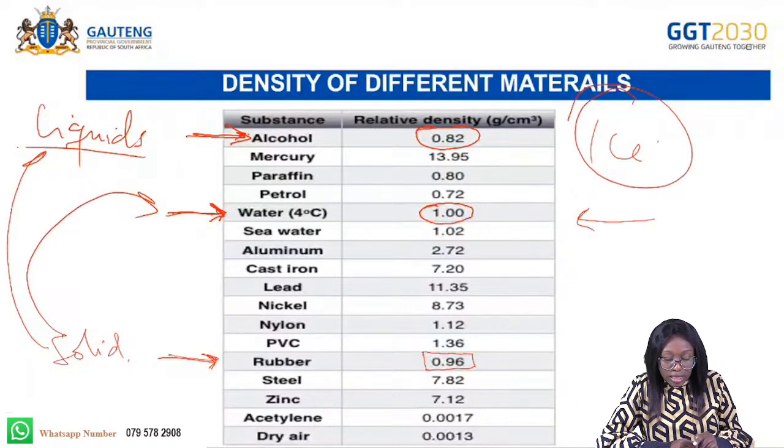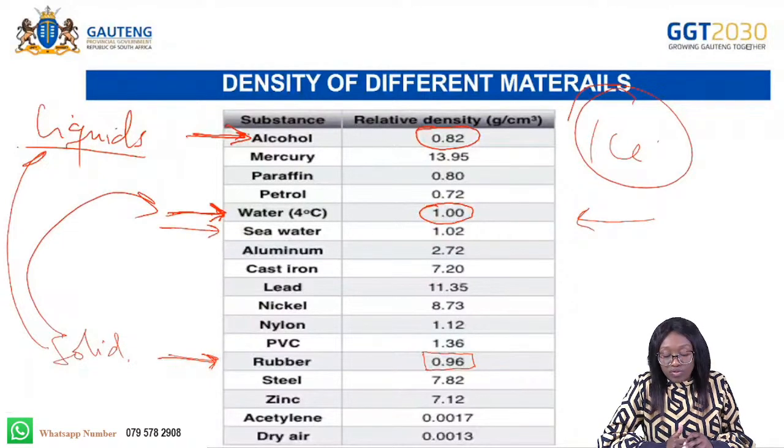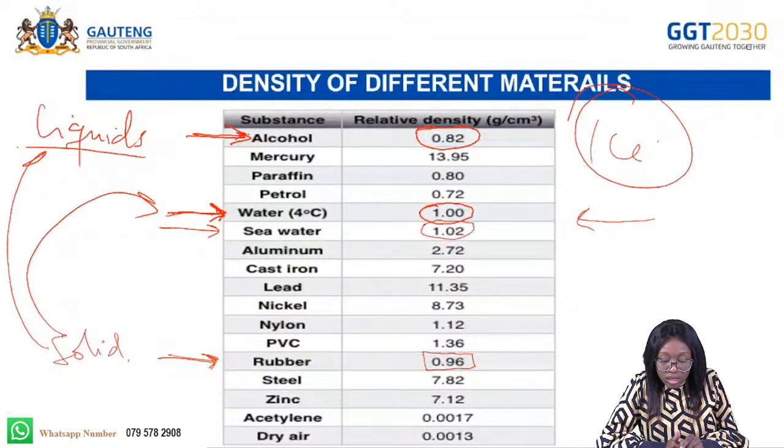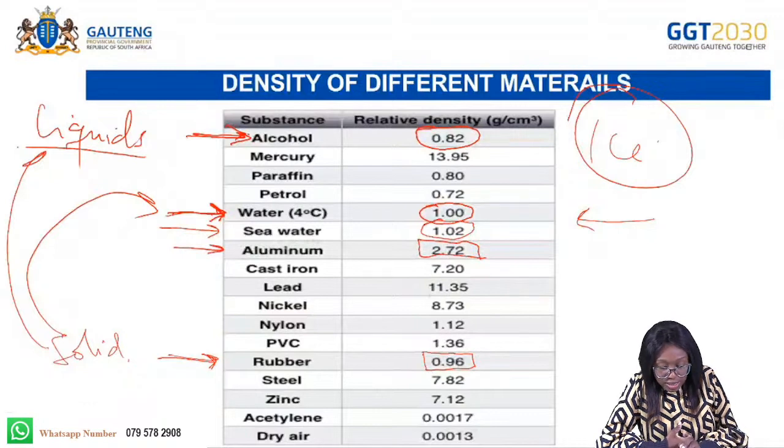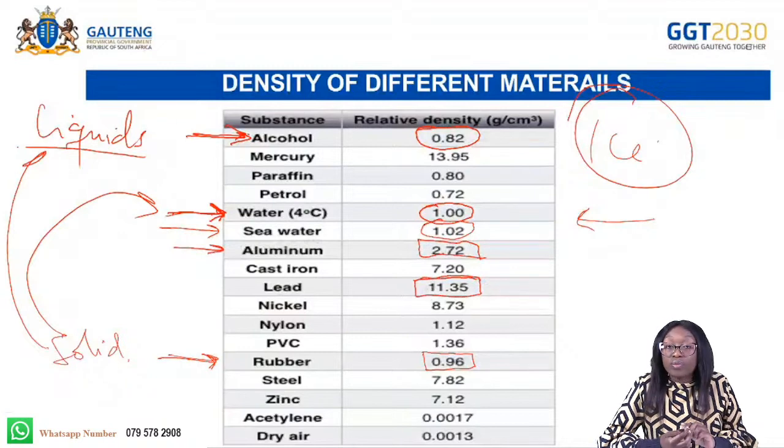If we look at seawater, remember seawater is a mixture of different things. It is more dense than pure water. If you compare solids, aluminium with a density of 2.72 grams per cubic centimeter is less dense than lead, and lead has a density of 11.35.